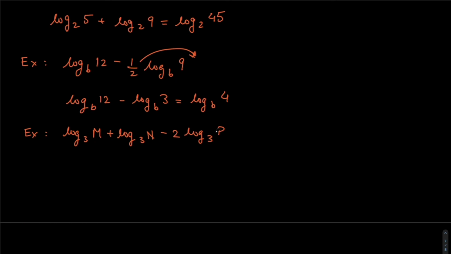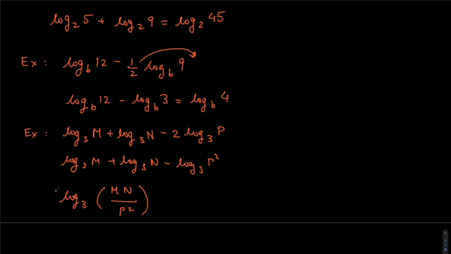If I evaluate this, I get log base 3 m plus log base 3 n minus log base 3 p squared. Now I can simplify and say this is log base 3 of m n upon p squared, like this. That's what it simplifies down to.